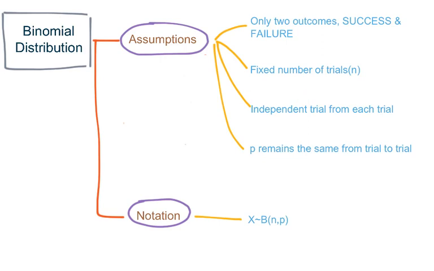And the last assumption says that P remains the same from trial to trial. P, as we know, represents the probability of getting the success event. Just now, let's say we toss the coin and we want to know how many heads we can get.